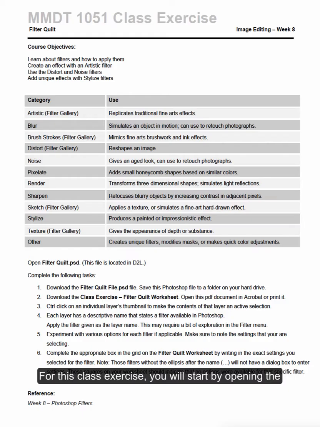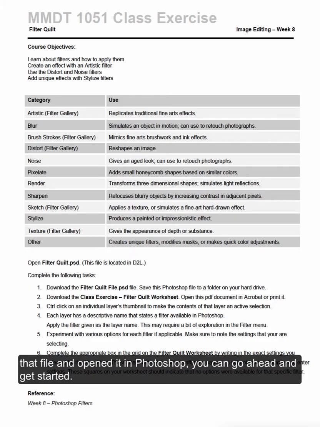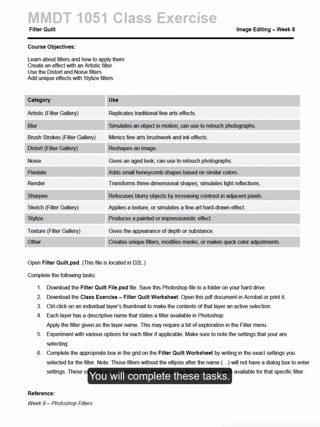For this class exercise, you will start by opening the filterquilt.psd file. This file is located in D2L under your assignments for week 8. Once you have downloaded that file and opened it in Photoshop, you can go ahead and get started. You will complete these tasks.